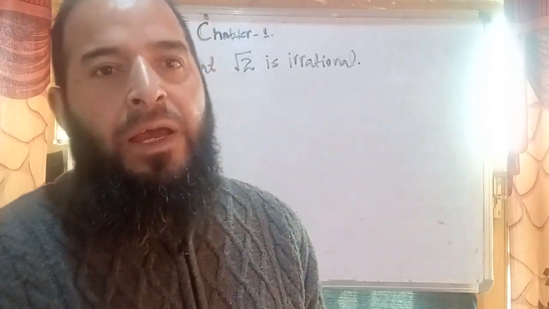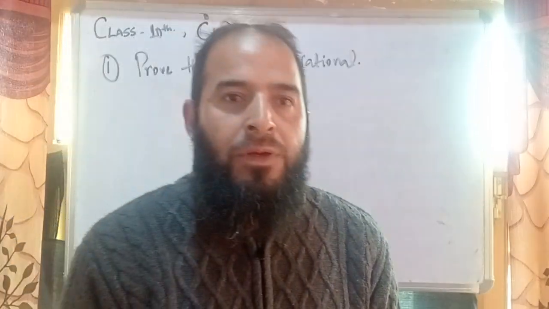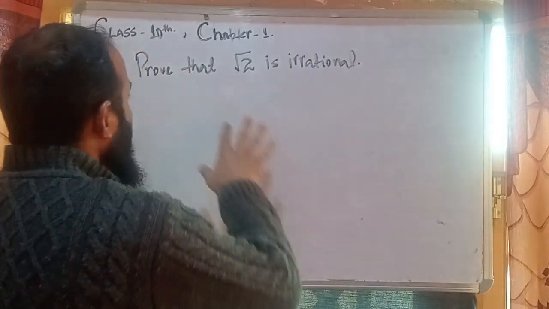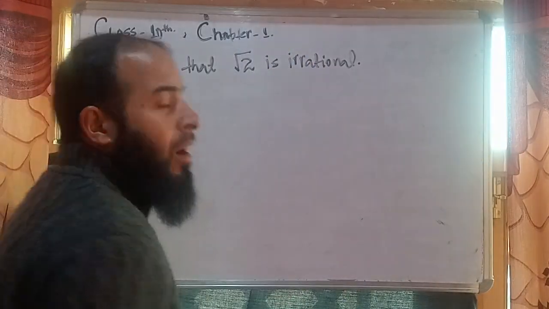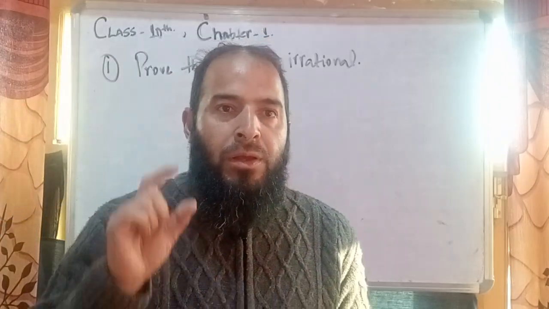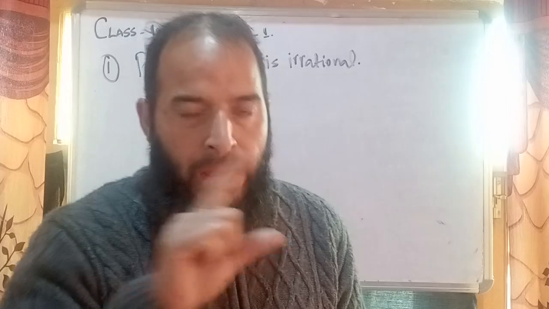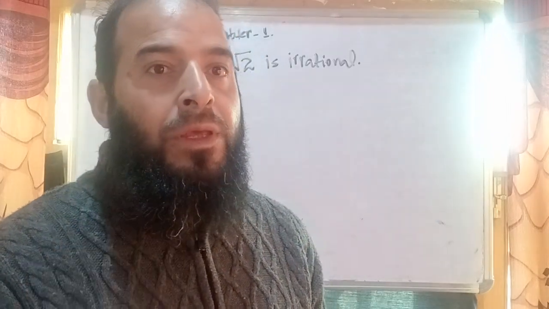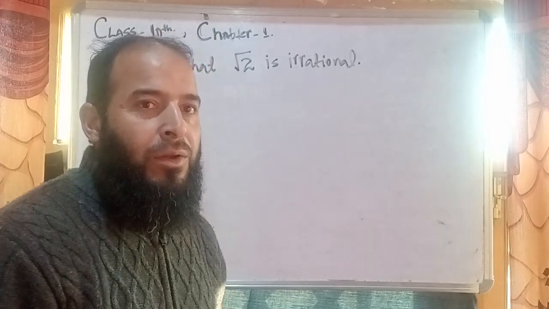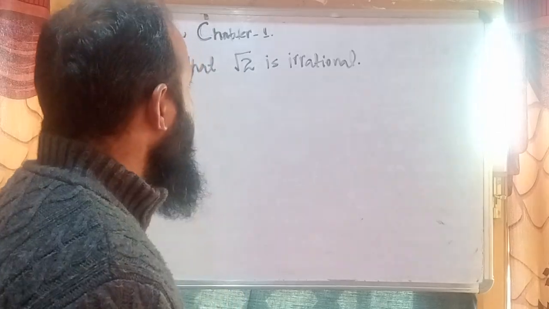In the previous lecture I told you how we can prove under root n to be an irrational number where n is not a perfect square.